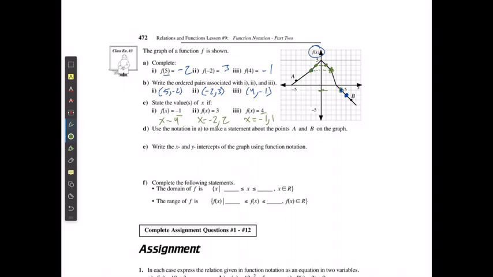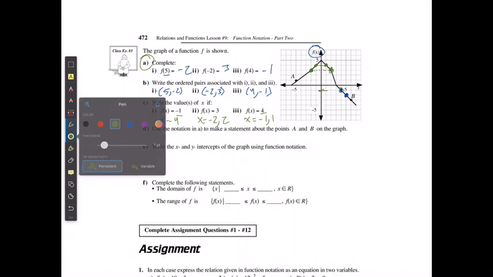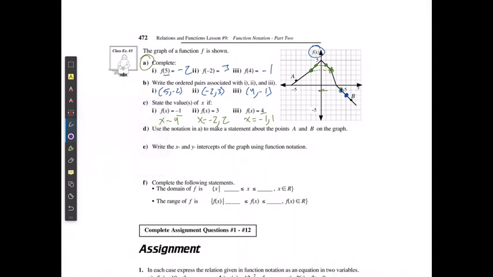Now, if I'm using the notation in the first part A to make statements about points A and B on the graph, I'm going to solve for what those points are and say that this point would be -5 and 1, and that this point is going to be 6 and -3.